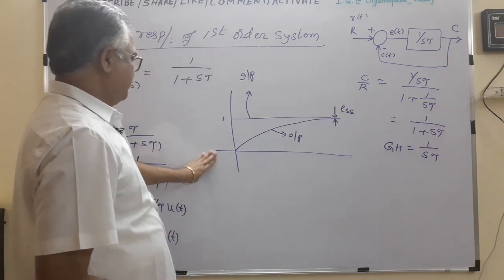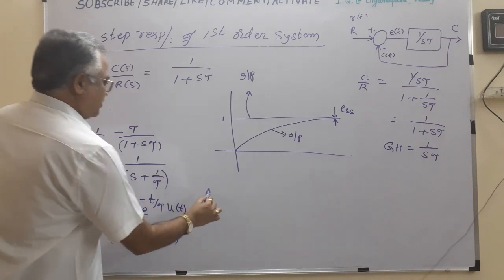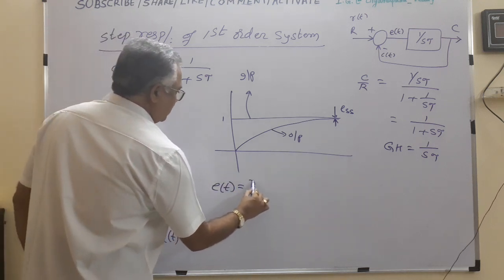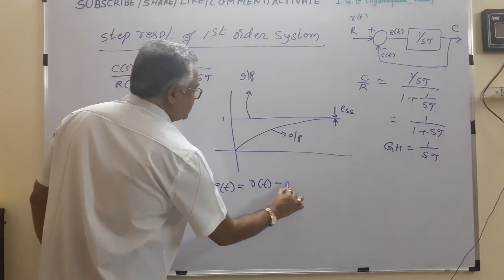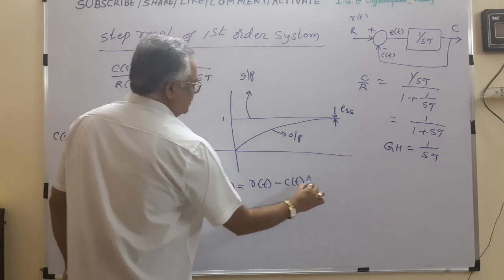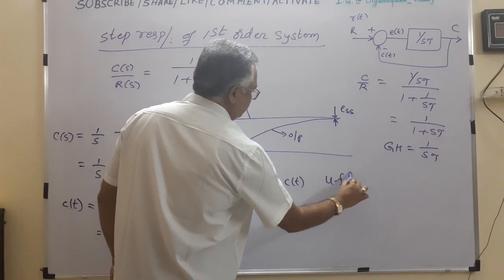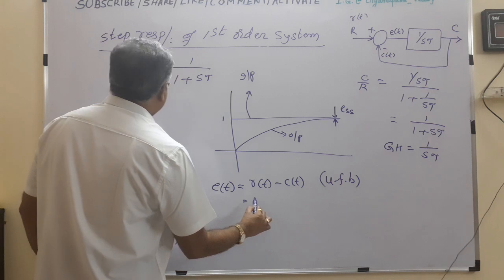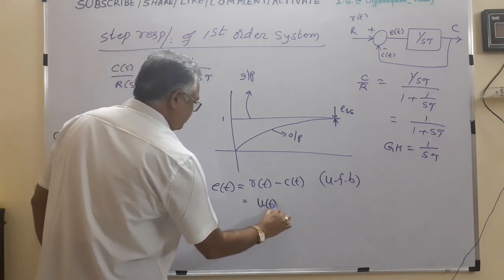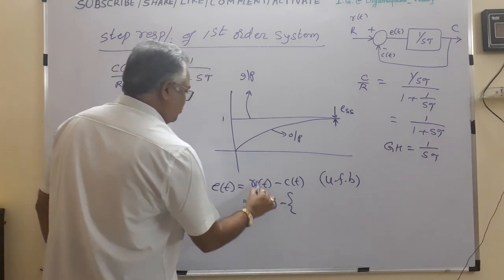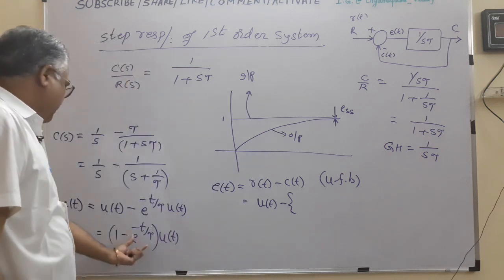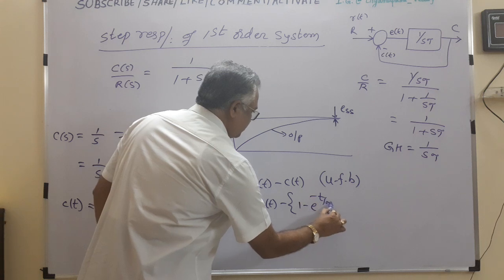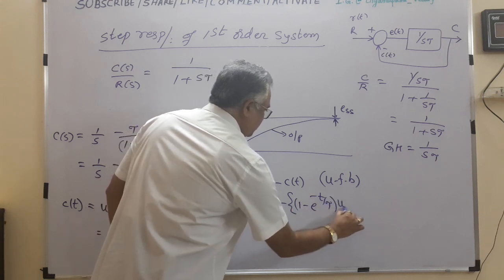How to find that? What is the error signal E of t? It is R of t minus C of t. This is for a unity feedback system. So what is the input? It is U of t. What is C of t? It is this: 1 minus e power minus t by tau into U of t.